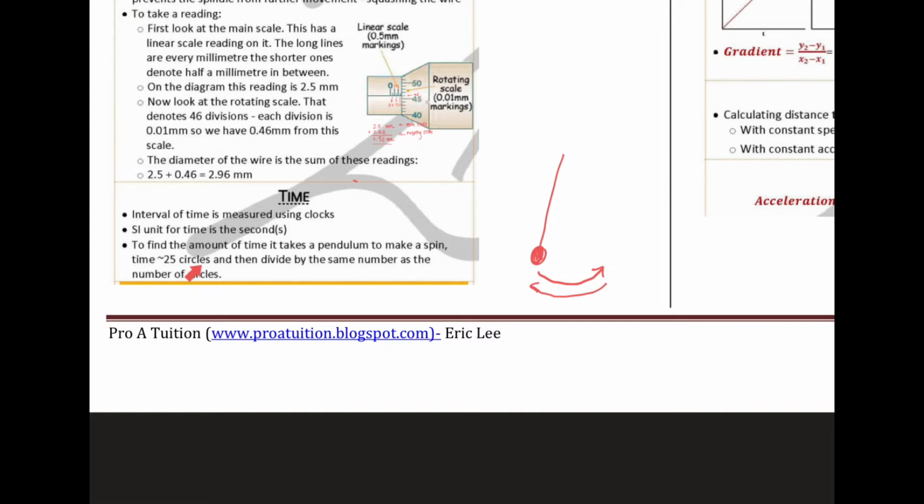So that means 1, 2, 3, and so on until 25. Then you take the time. Taking the time of 25 circles is better because later you can average by dividing by 25. You take the time then divide by 25 to get the period. Period means the time for one round. Okay, so that's what they said.